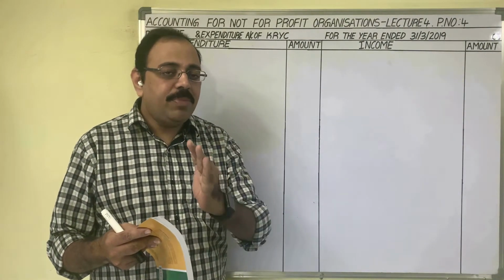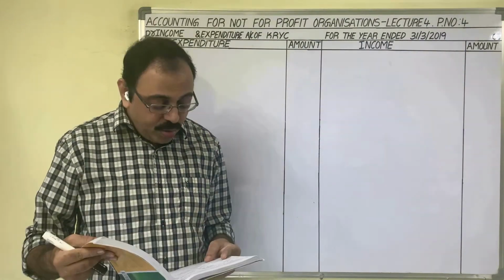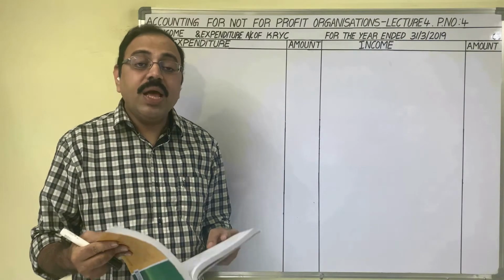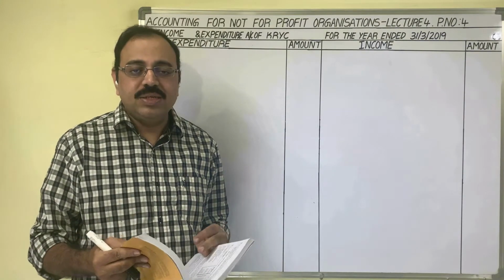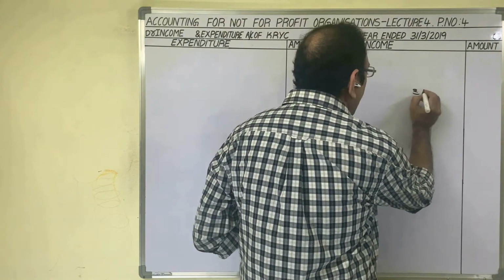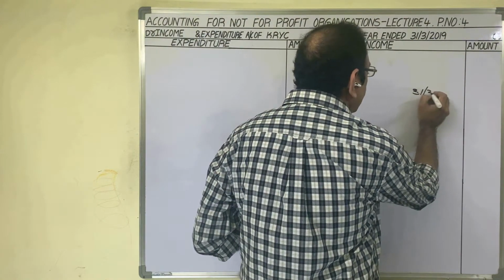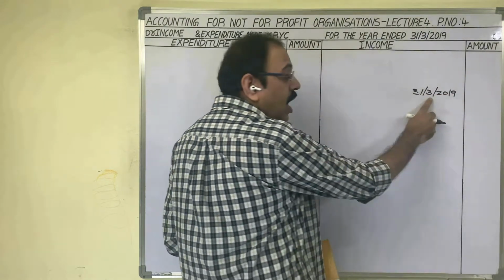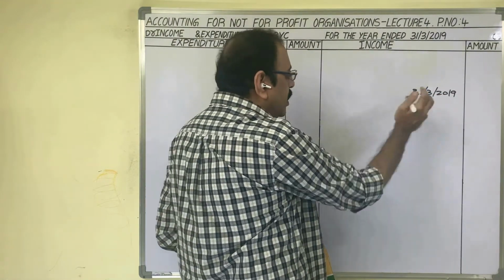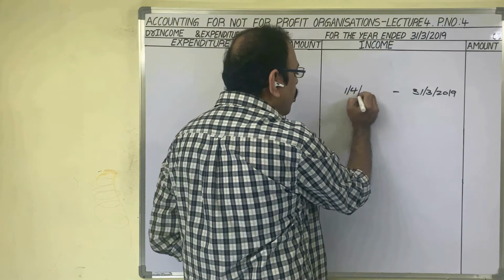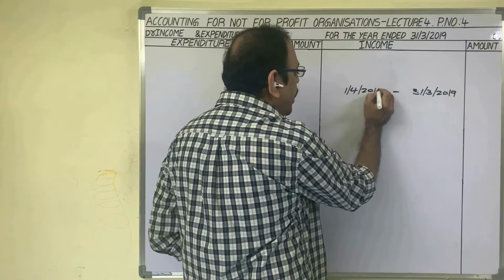First, the receipts and payments account debit side we will see. To balance 22,800 rupees. This is known as opening cash balance. Means what? Observe the dates. We are closing the accounts on 31st March 2019. If this is the last date of the year, then the starting date of the year is 1/4/2018.